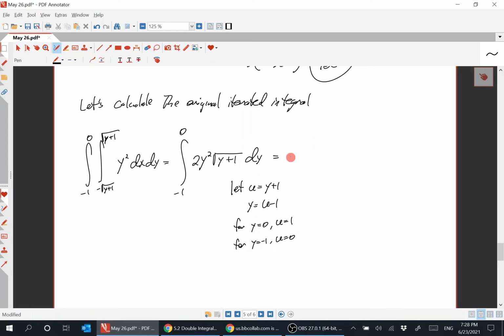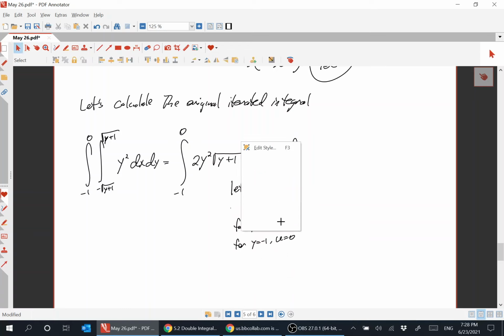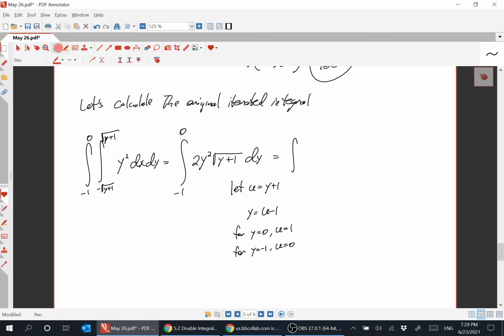So dy is du, of course, because that's just a simple linear substitution. So du equals dy, y equals u minus 1.